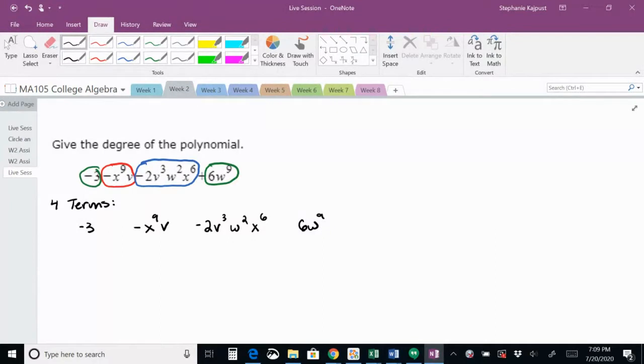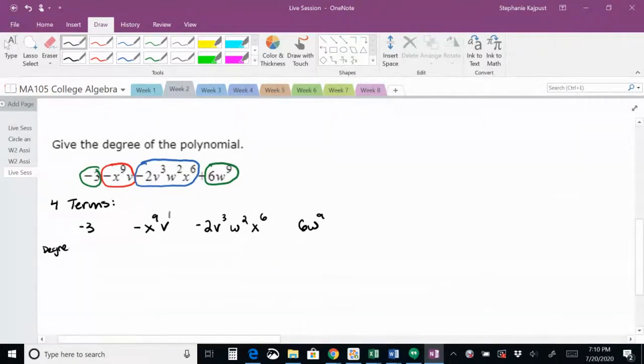So we've got 4 terms here, and any variable that doesn't have an exponent, you can write an exponent of 1 for it. Like that v doesn't have an exponent, so I can give it an exponent of 1. So when we're finding the degree of something like this, we're looking at the variables and their exponents, and you look at the degree of each individual term.